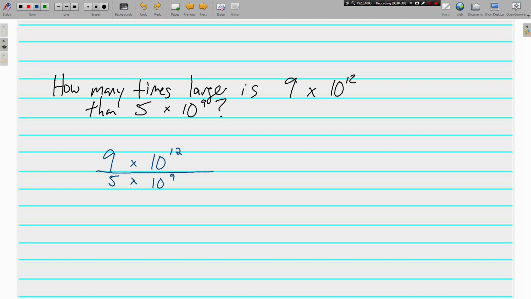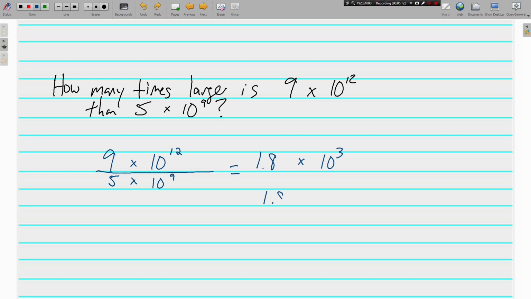Well, there's a couple of ways we can go about this. 5 doesn't go into 9 exactly. I suppose, if you got out your calculator, you would get 1.8 when you did 9 divided by 5. And then you'd have times 10 to the third, because 10 to the 12th divided by 10 to the 9th, 12 minus 9 is 3.